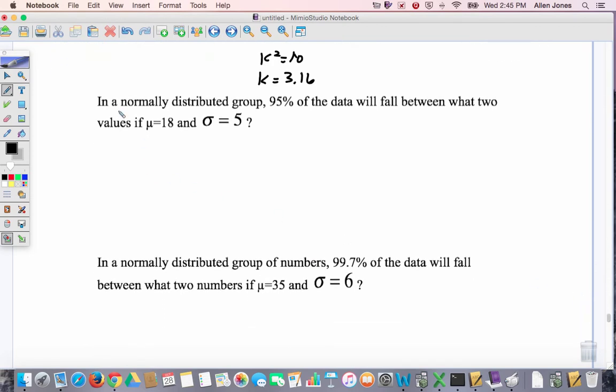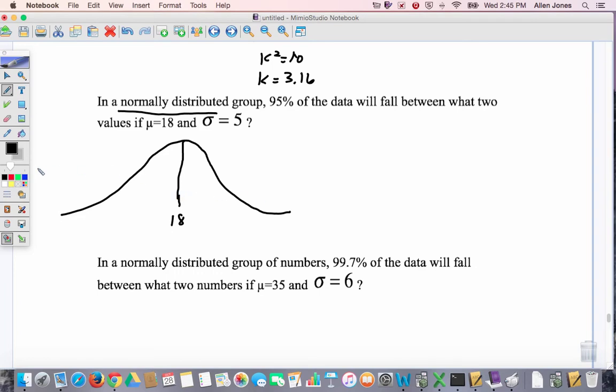Now notice the difference between the last four problems and these next two. In a normally distributed group, so there's our big difference, normal distribution, that's that curve that we had up here earlier. So I'm just going to re-sketch that, and we'll plug in the information from the problem. Normal distributed group, 95% will fall between what two numbers if our mean is 18 and our standard deviation is 5. So our mean cuts this curve in half.